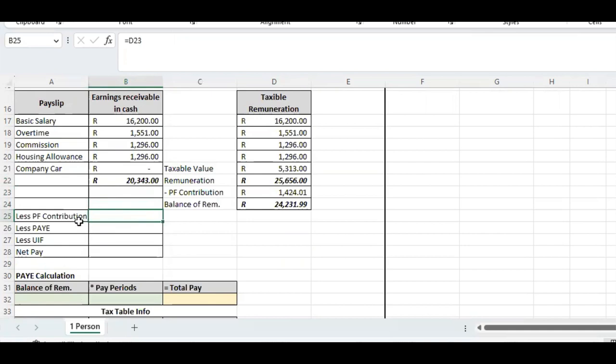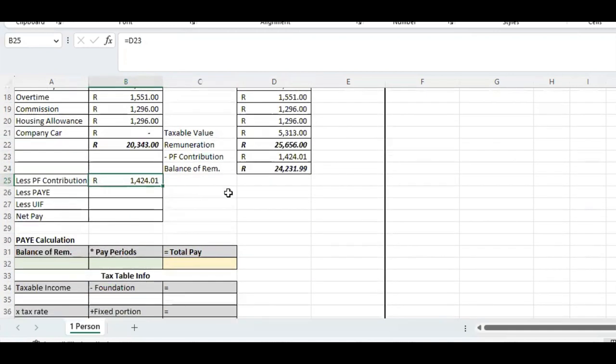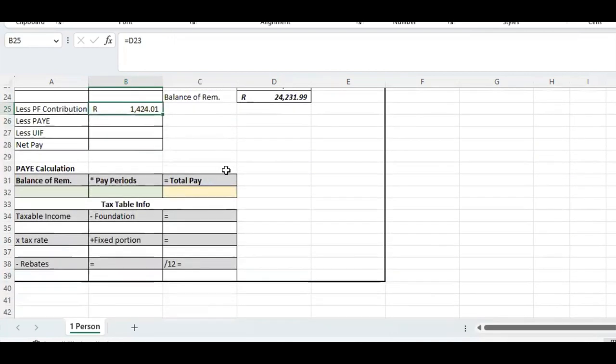He is paying that pension fund contribution, so it is coming off his salary. And then we have to work out his pay as you earn. The pay as you earn starts with the balance of remuneration. So there, I'm going to put in his balance of remuneration amount, that 23,239 and 99 cents.